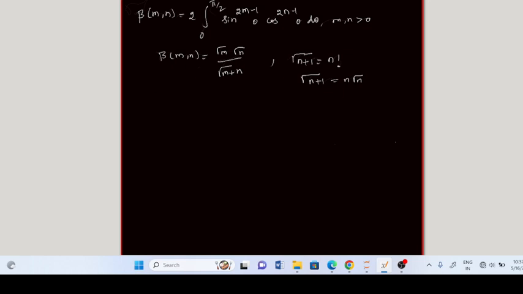This one is used to modify further. Gamma n can be written as gamma n plus 1 divided by n. So this will be helpful to find out the answer. Evaluate.